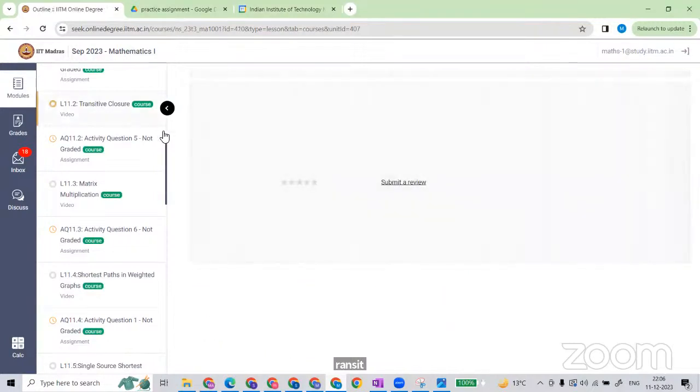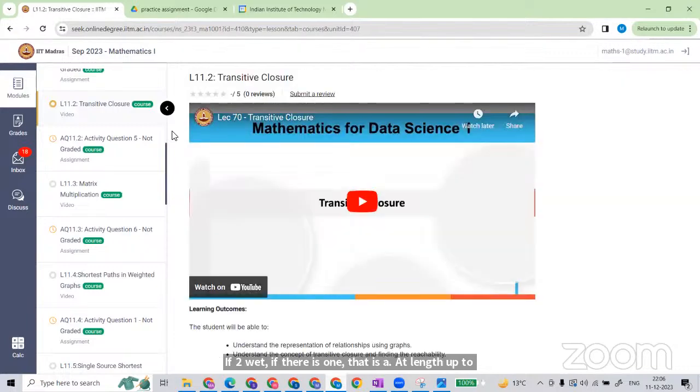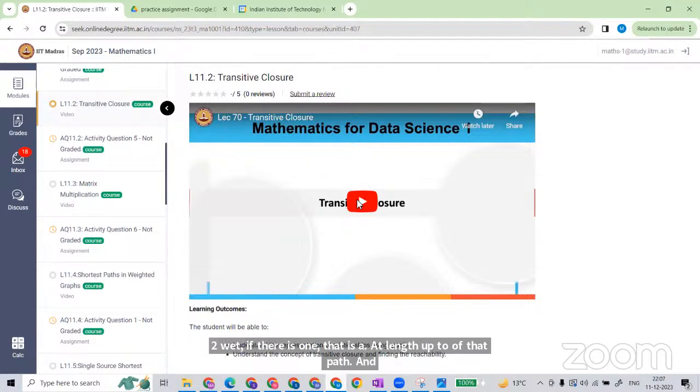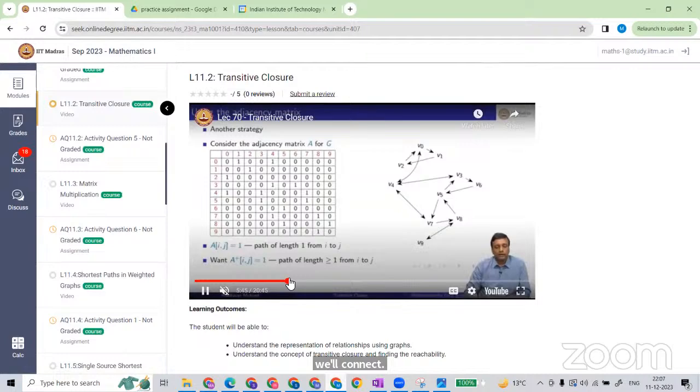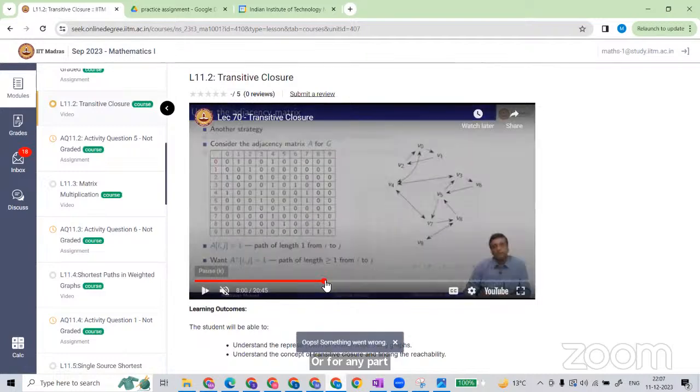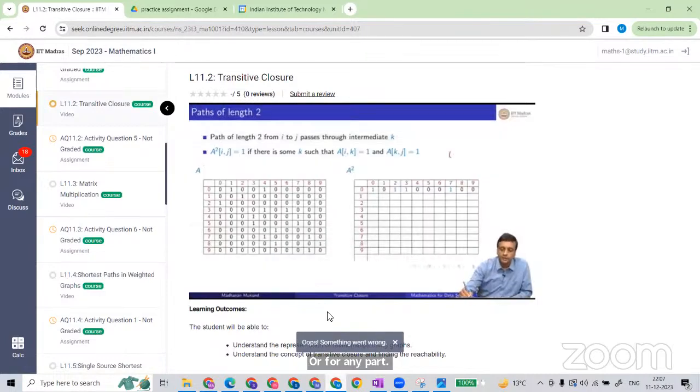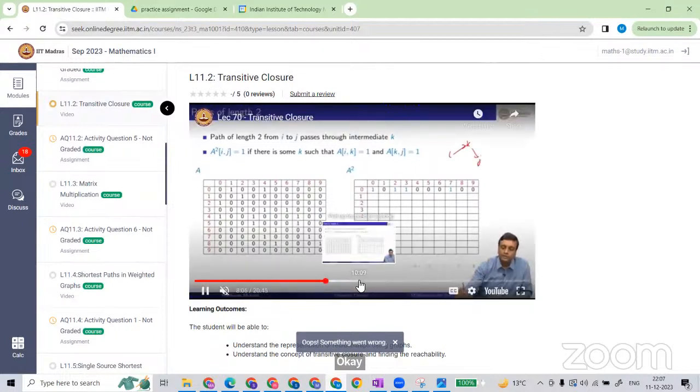Just a minute. If there is a path of length 2, then we connect, with an arrow marking between the vertices.